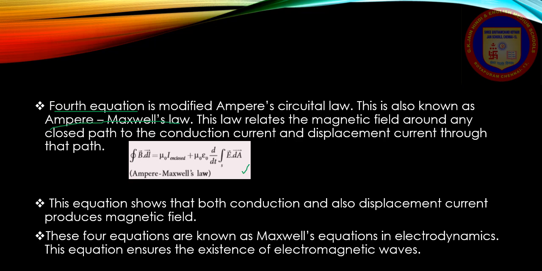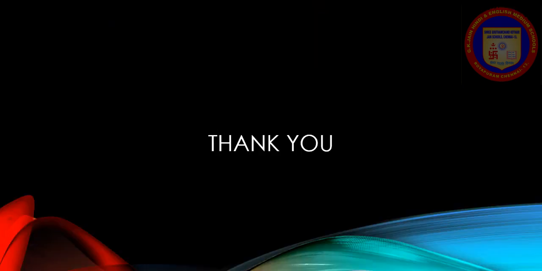This equation shows that both the conduction and the displacement current produce a magnetic field. These four equations are known as Maxwell's equations in electrodynamics. These equations ensure the existence of electromagnetic waves. The entire communication system in the world depends on electromagnetic waves.